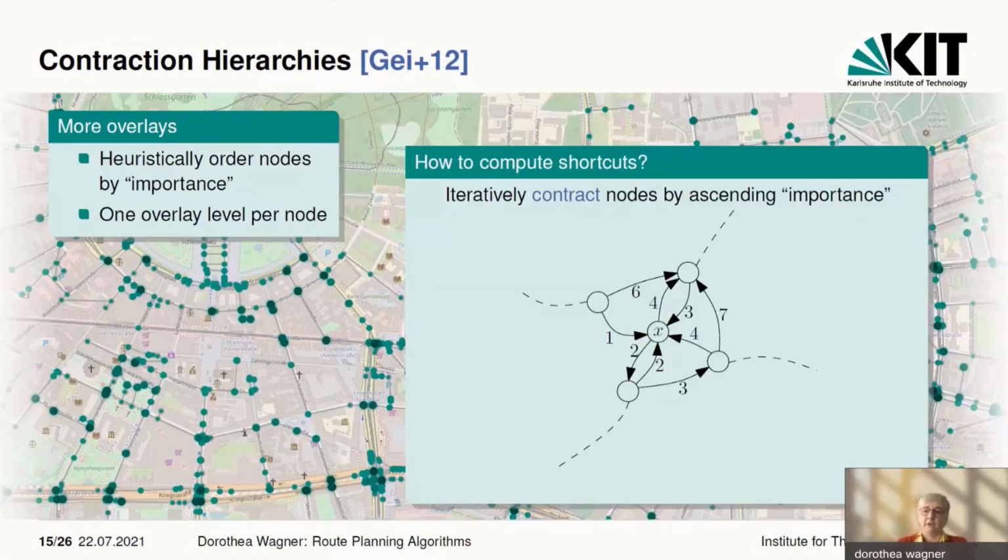So let's look at a toy example in order to understand what contracting a node means. We iteratively contract nodes by ascending importance.